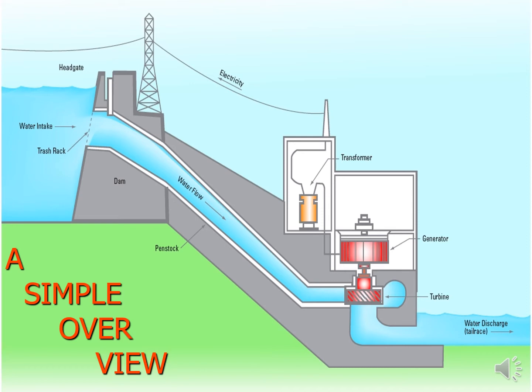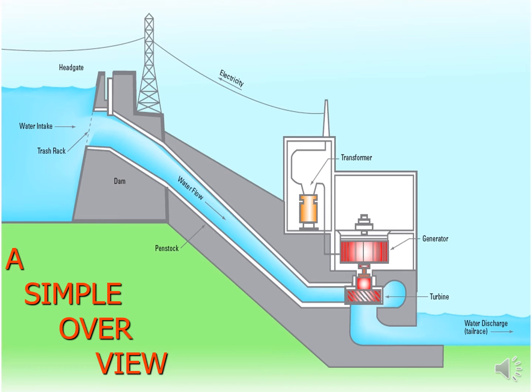From the transformer you can supply electricity through the power line to the city. This is the main overview of the hydropower plant. At the top you can see the head gate. The head gate is provided to control the flow of water.